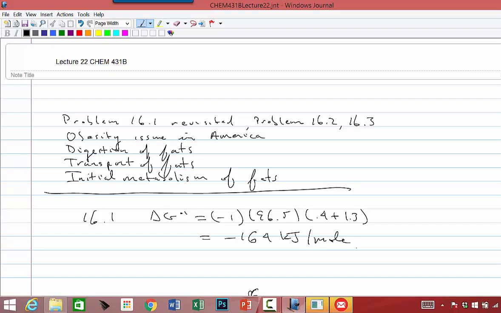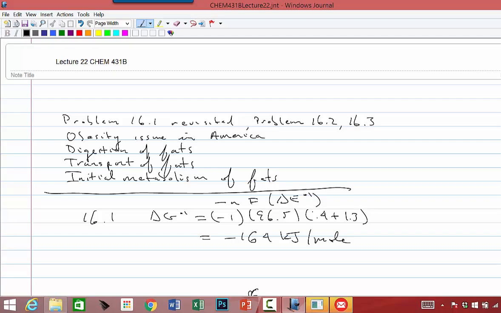All right. I wanted to just revisit problem 16.1 for just a moment. Last time I had written this equation where delta G under standard conditions is going to be equal to minus n times F times delta E. I think I may have forgotten to put this minus sign here.